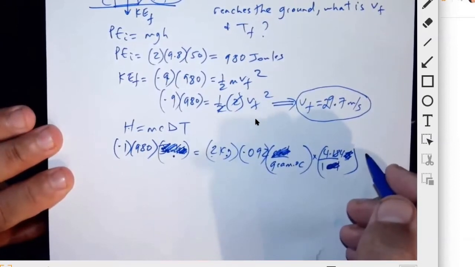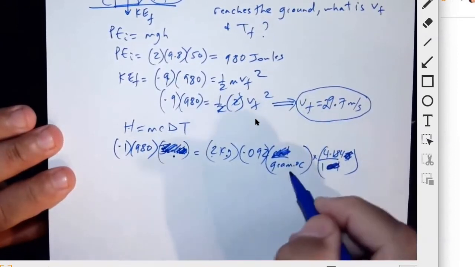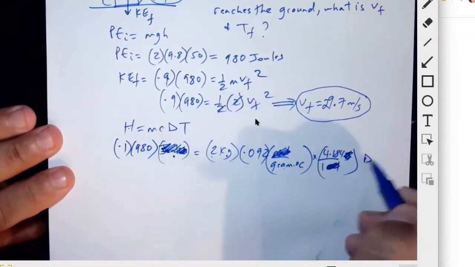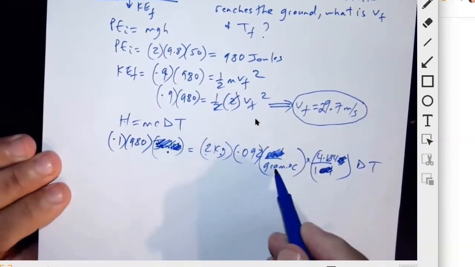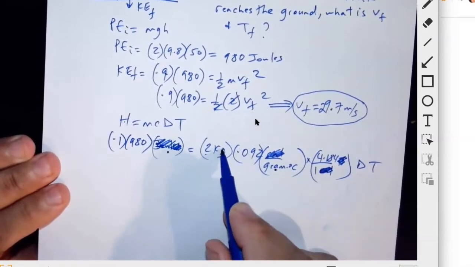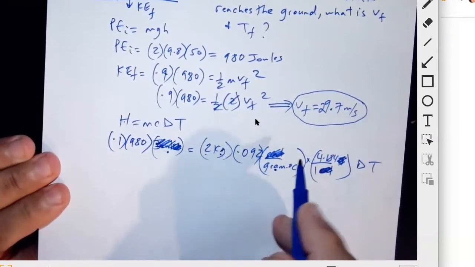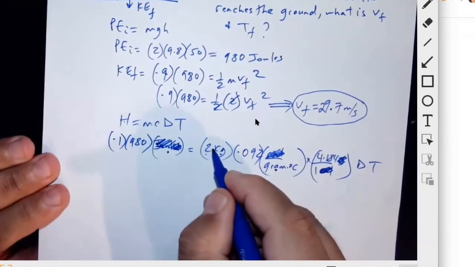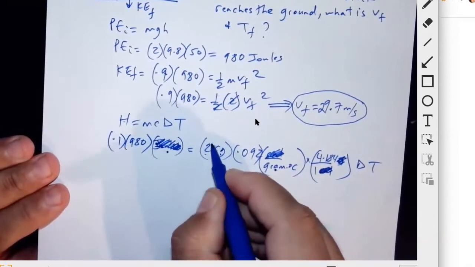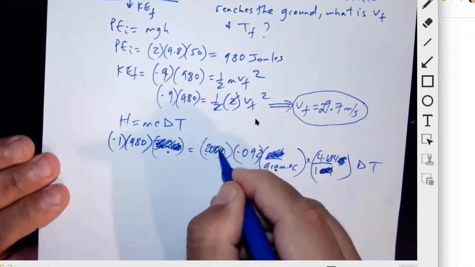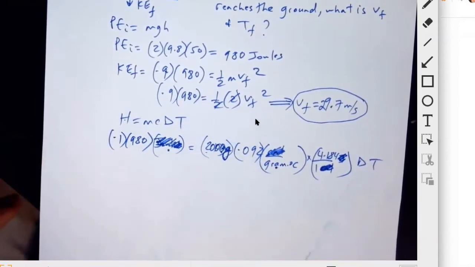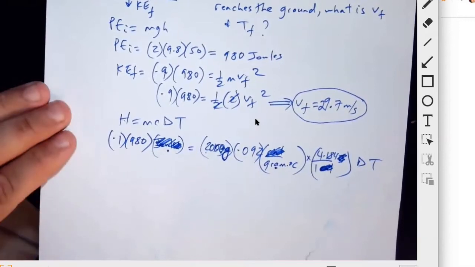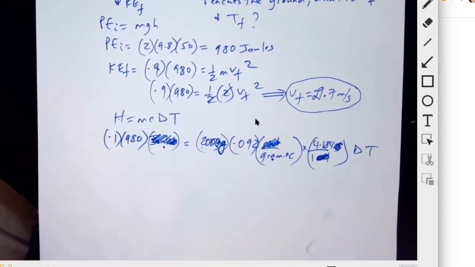And because I need delta T here, I need this gram to cancel the kilogram. So I could change this to 2,000 grams. This is where a little bit of unit analysis, which you do a lot of in chemistry, comes in really handy.